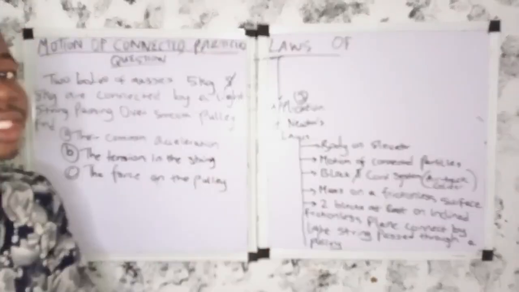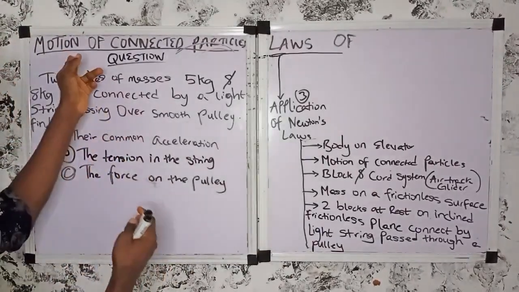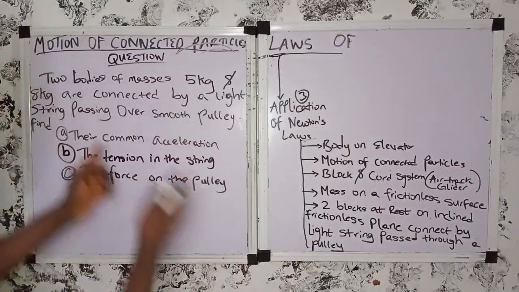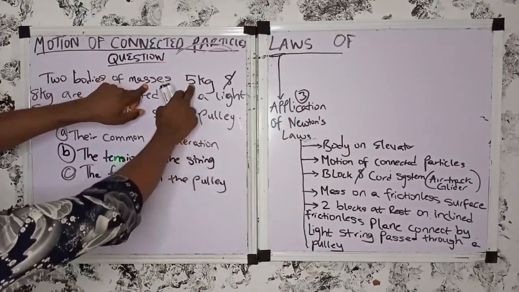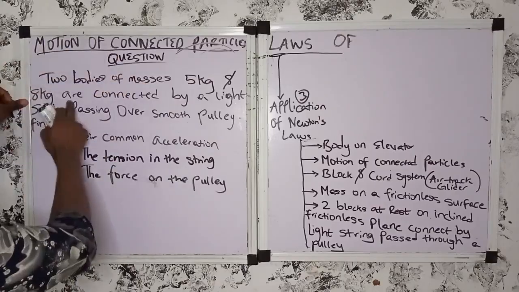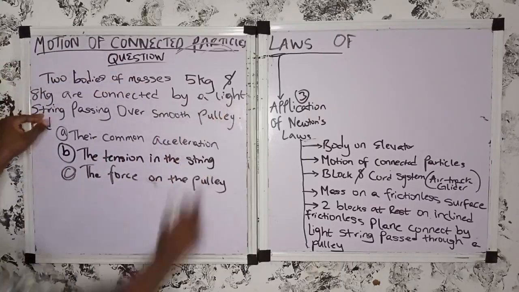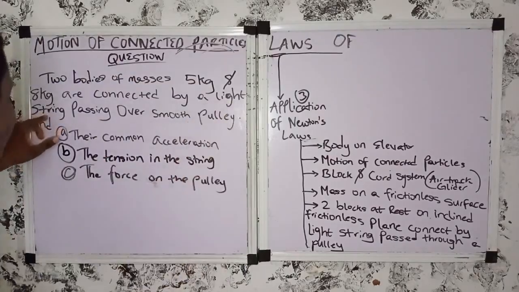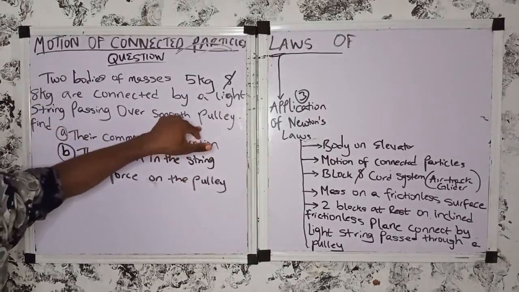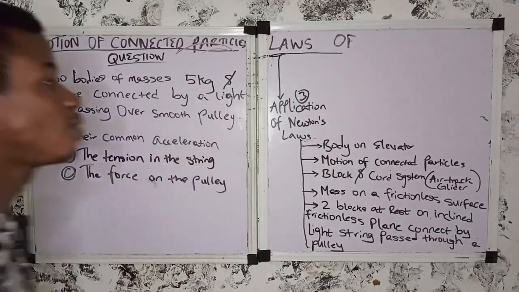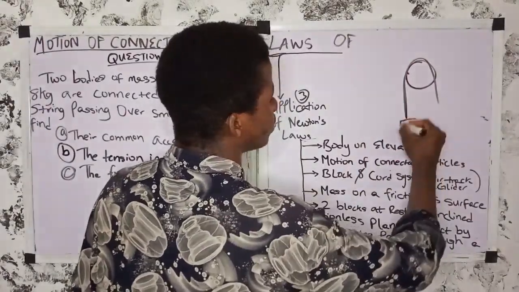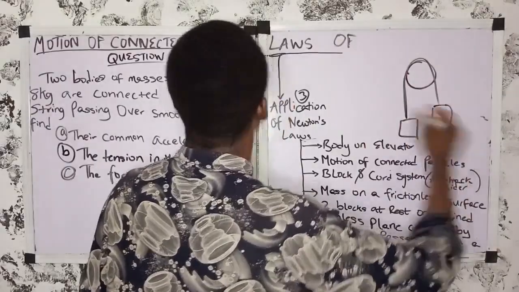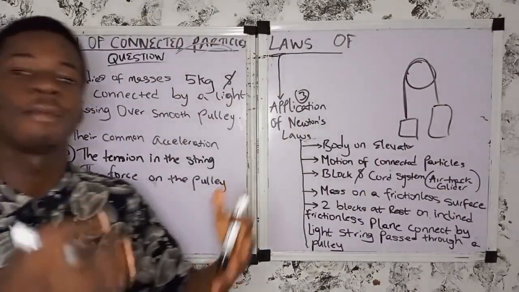How are you going to know that this question is coming from motion of connected particles? If you just read it, you find out that they said two masses, 5 kg and 8 kg, are connected by a light string passing over a smooth pulley. So this is how you know that this question is coming from motion of connected particles.